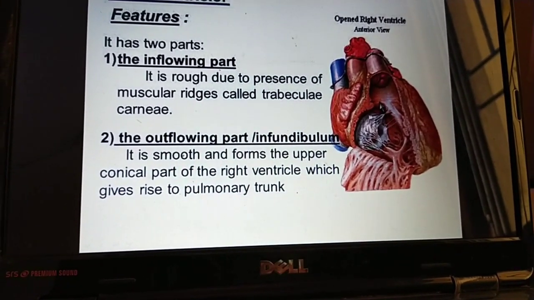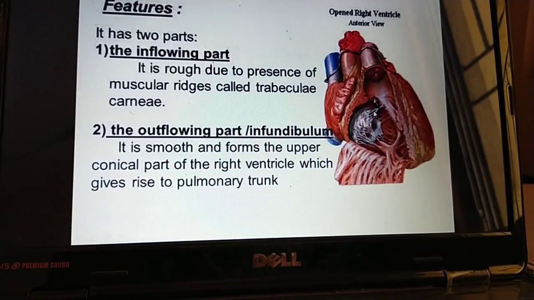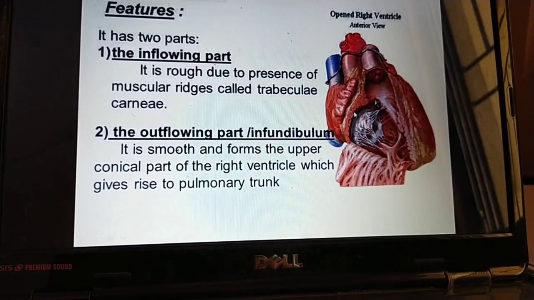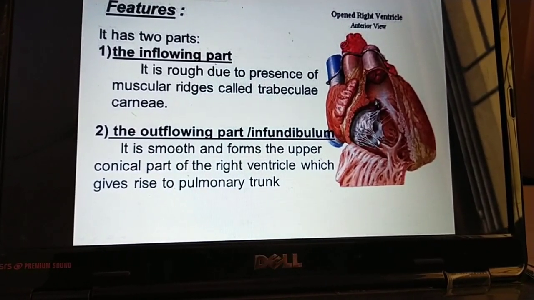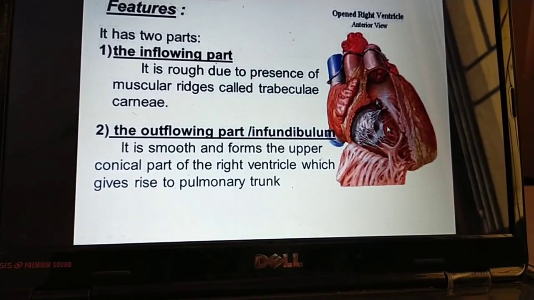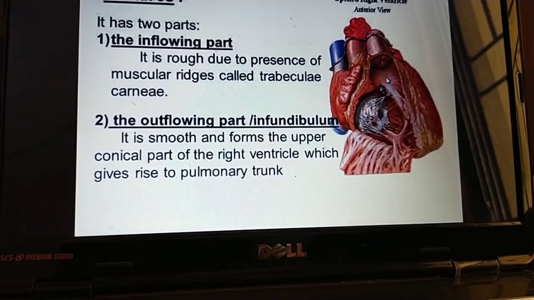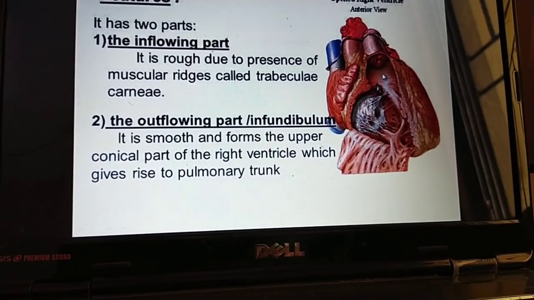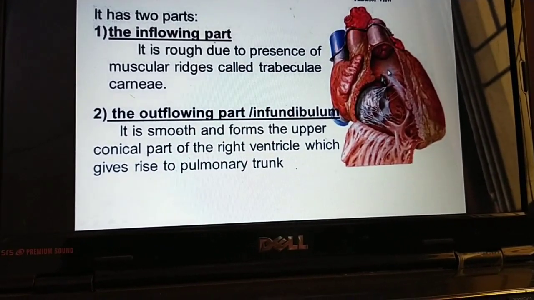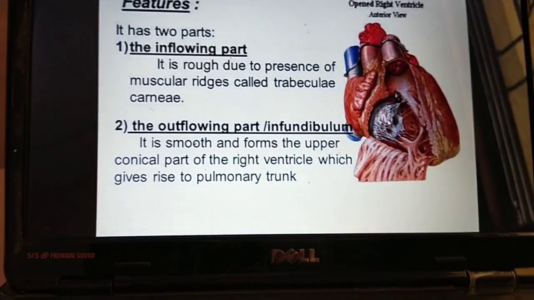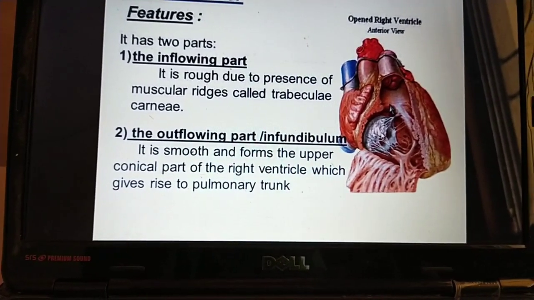This is the inflowing tract, where blood from the atrium will inflow into the ventricle, and from the ventricle the blood outflows to the pulmonary trunk. This part is the outflow tract, and this is the inflow tract or inlet tract.